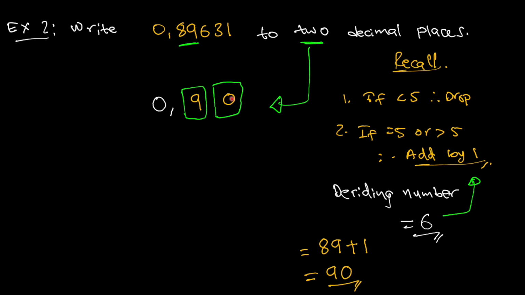Don't say, 0 is nothing, and leave it out. No. If you don't put that 0 and you only put 0,9, that means this is to 1 decimal place. But if you put the 0 as per your final answer, that means it's to 2 decimal places because you occupied 2 blocks there. So your answer will be 0,90.